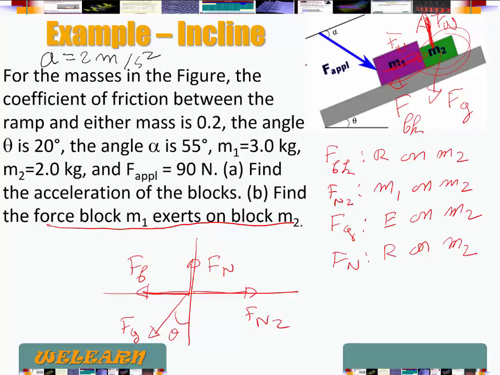Notice here that we didn't write the applied force. The applied force acts on M1, not M2. What acts on M2 is this push from M1 that we accounted for here. Okay, I'll redraw the graph in the next page.